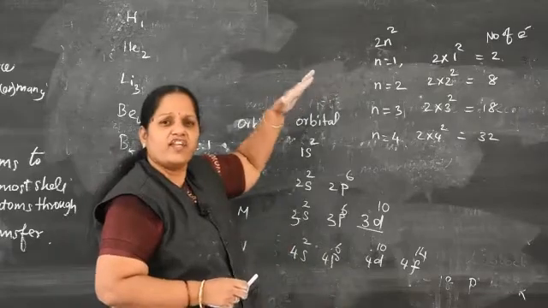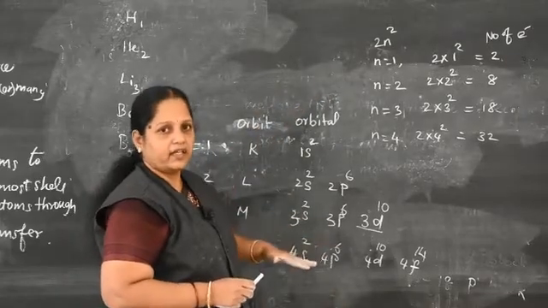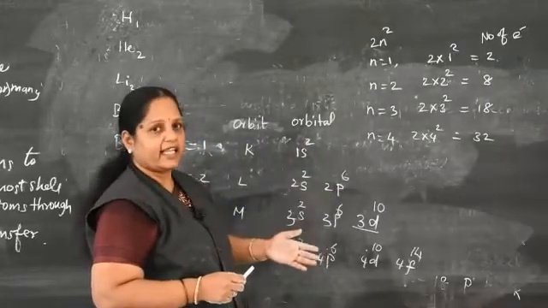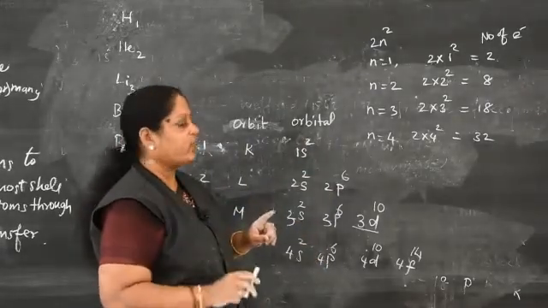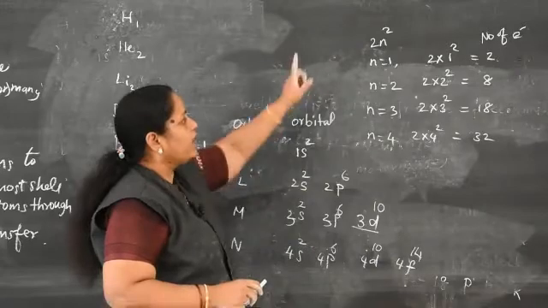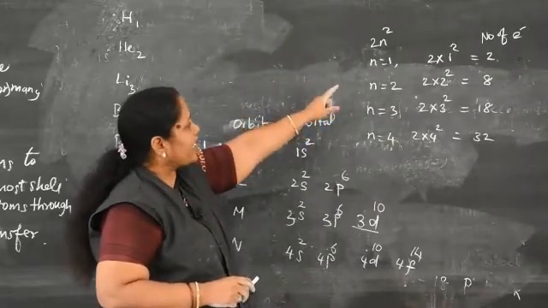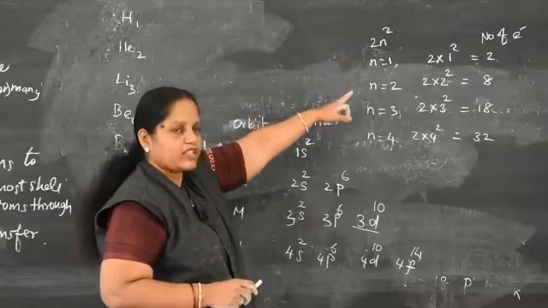This is very fundamental, boys. Concentrate. If you understand this concept then everything is easy in chemistry. Otherwise you feel it is very difficult. That's why you concentrate. Orbitals are filled with electrons by the formula 2n square.